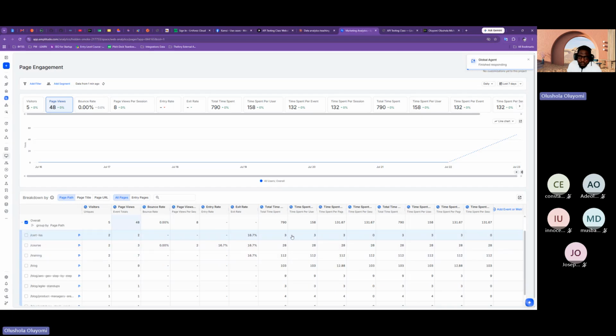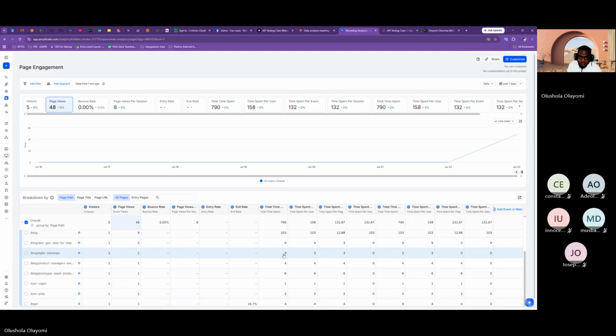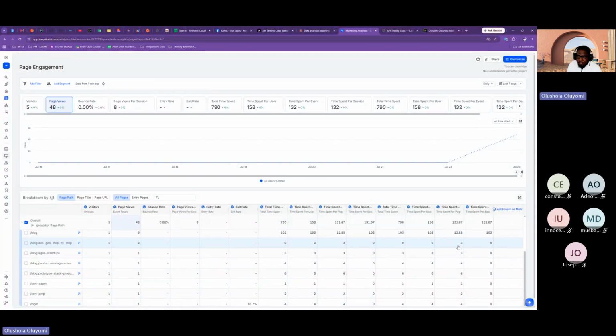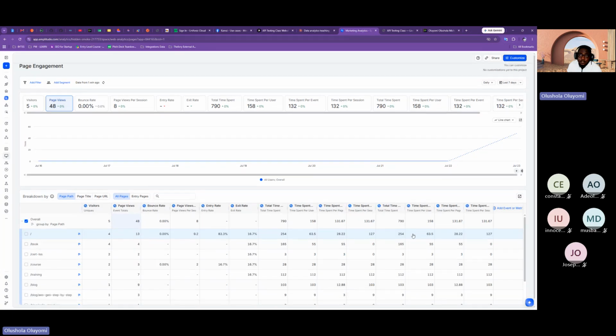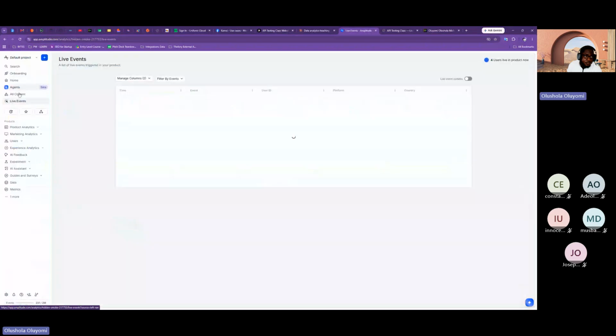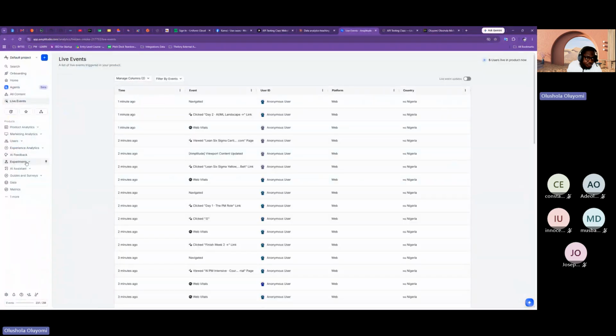So this one is just 3 seconds. This one is 103 seconds. That means some of you really read. That's looking good. But yeah, you can see per user all sorts of lovely things going on here. Let me see if this actually has a funnel. It should, at least to the best of my knowledge.